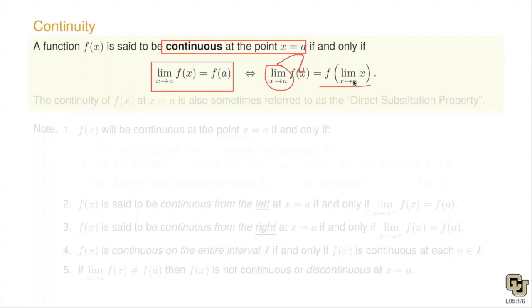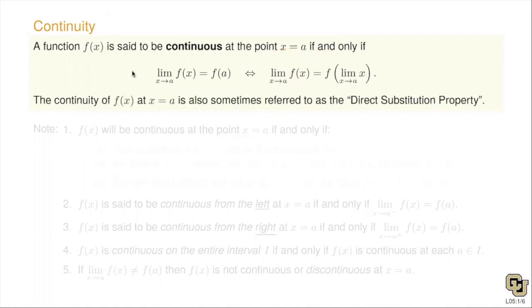And now when you take this limit, the limit of x as x approaches a, that gets you to f of a. So continuity allows us to bring the limit inside the function and put it right on the x variable, which makes doing limits really nice and easy. And the book referred to this in the previous section as the direct substitution property.